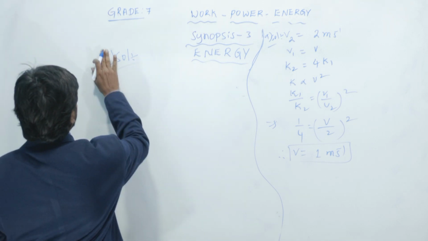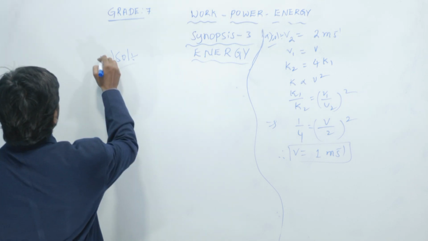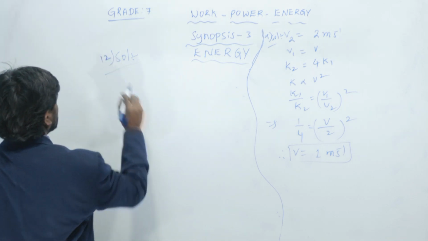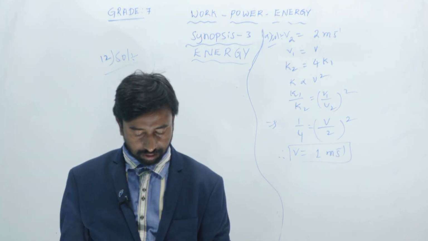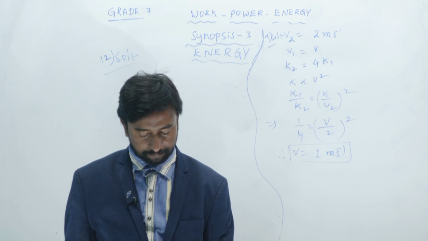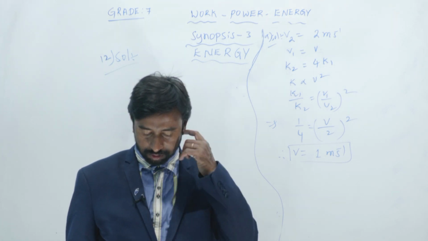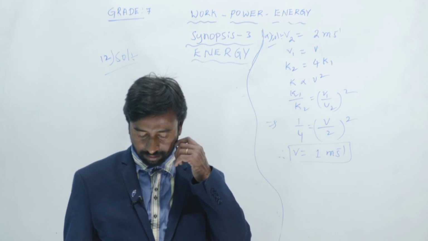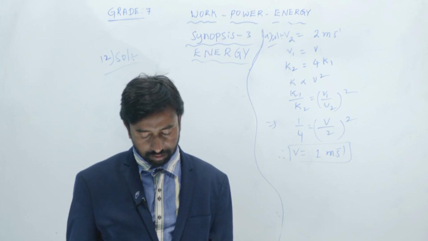So this is the question, the 12th one. An empty car is moving there. So kinetic energy depends on the mass of the body and the velocity of the body, with the same braking force.